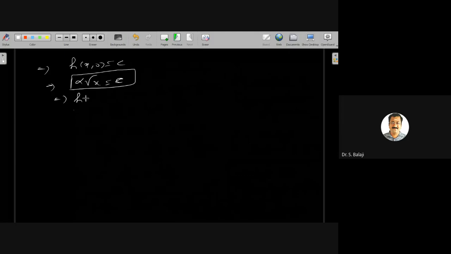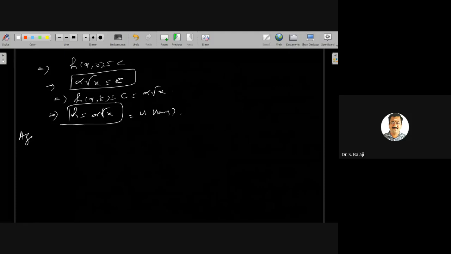Hence h of x comma t can be written as c, that is equal to alpha root x. So h is equal to alpha root x. This is from one condition.